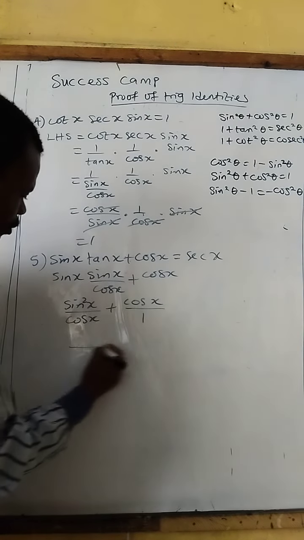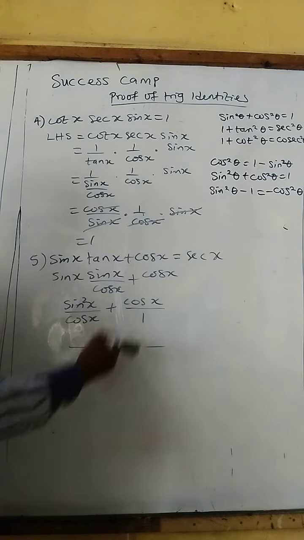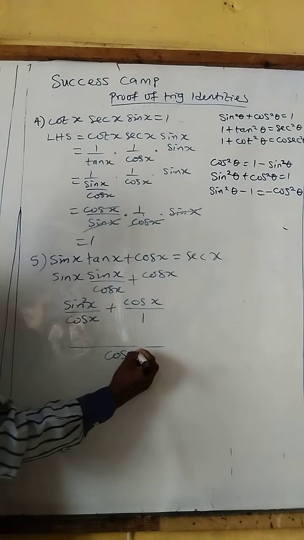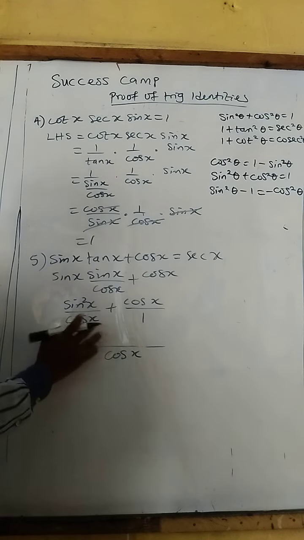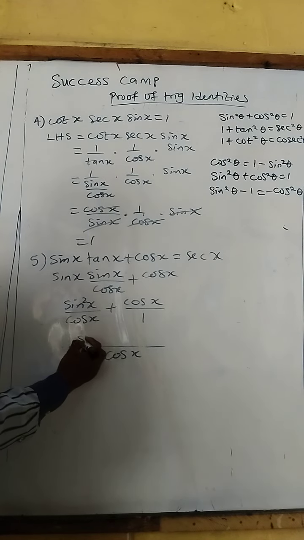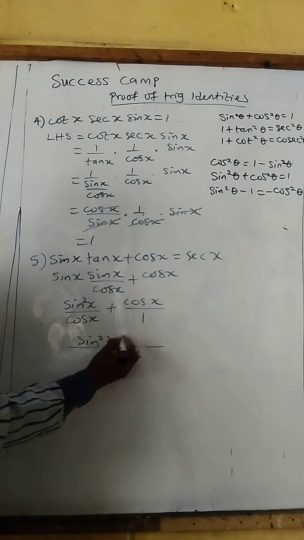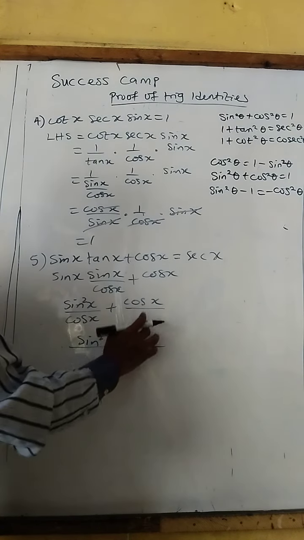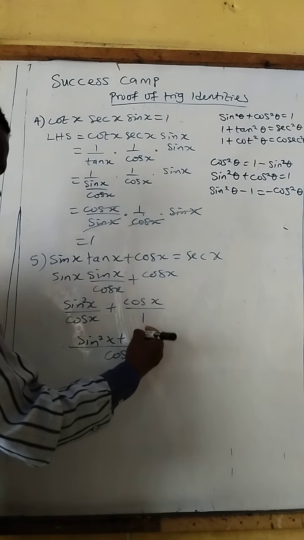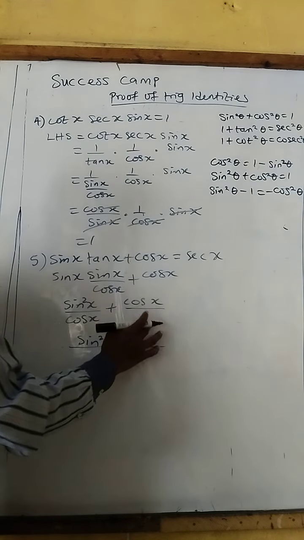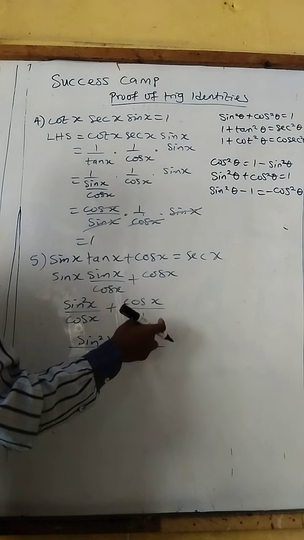The LCM of this is cos x. So here, this and this is 1, so we have sin squared x. This and this is cos, plus 1 in cos x is still cos x.